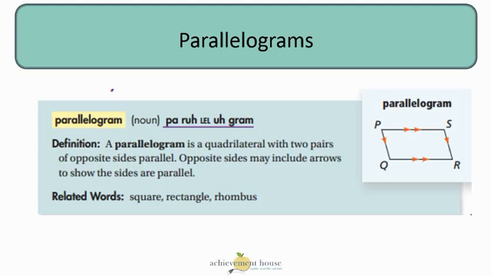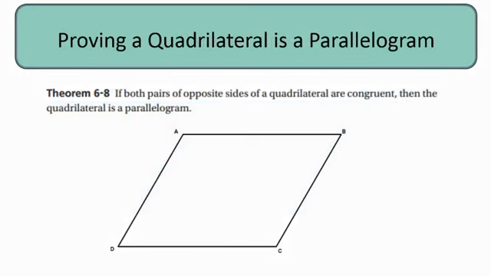And just for vocabulary, a parallelogram is a quadrilateral with two pairs of opposite sides parallel. Opposite sides may include arrows to show the sides are parallel. If both pairs of opposite sides of a quadrilateral are congruent, then the quadrilateral is a parallelogram.